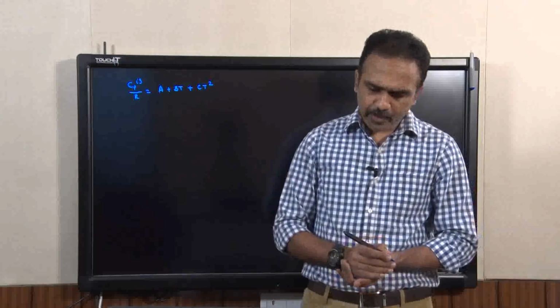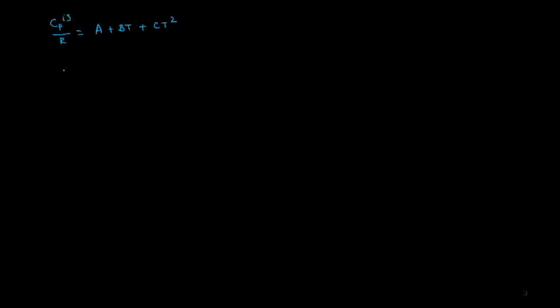I'm going to use this, and if I rewrite equation 1, it reads negative of H1R plus integral T1 to T2 CPIG dT equals 0. So what I'm interested in is first writing an expression for the integral of CPIG dT.